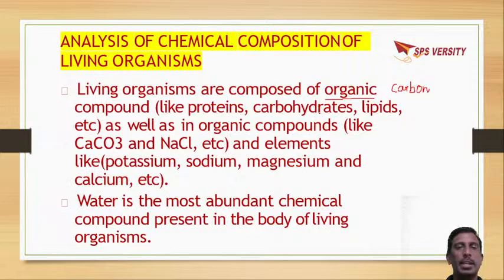And the remaining are inorganic compounds. So organic compounds में क्या क्या आता है? Proteins, carbohydrates, lipids. Inorganic compounds में क्या आता है? Like calcium carbonate, sodium chloride, phosphorus, sodium, magnesium, calcium. ये आता है.